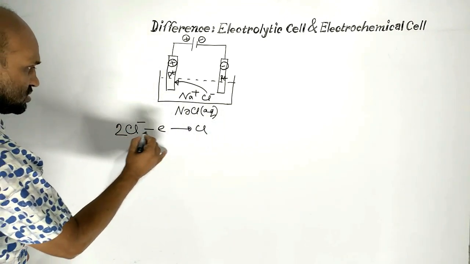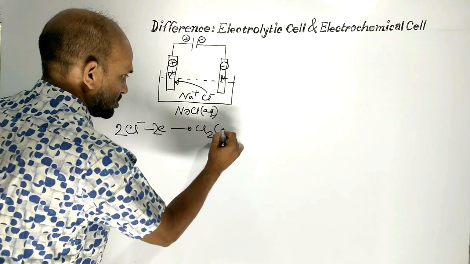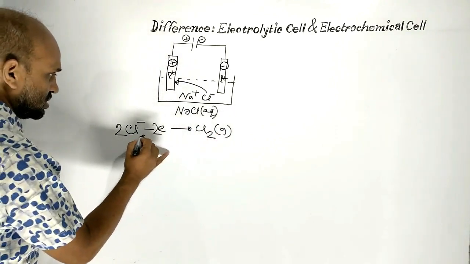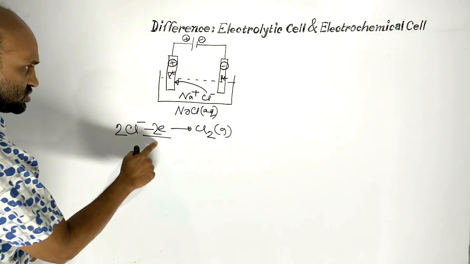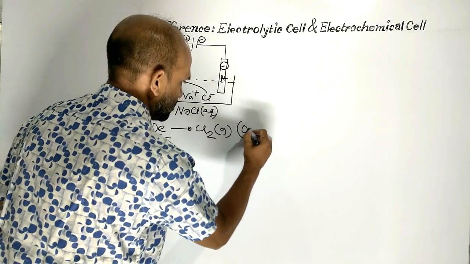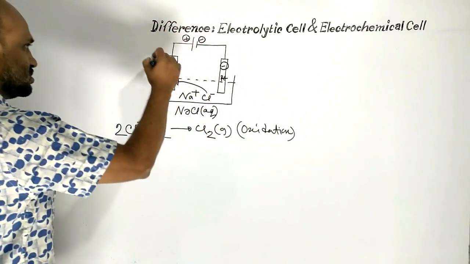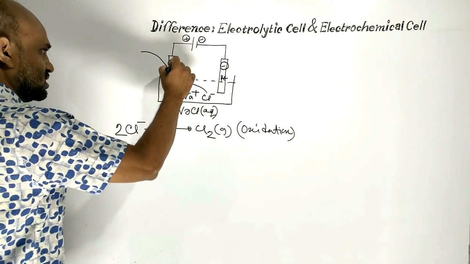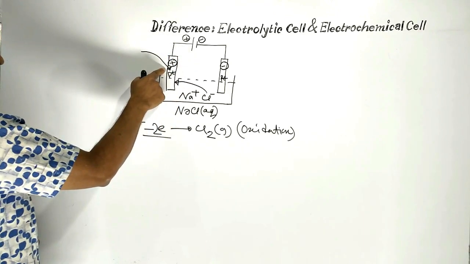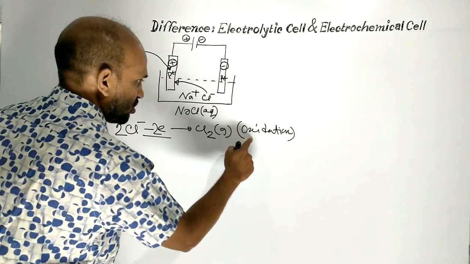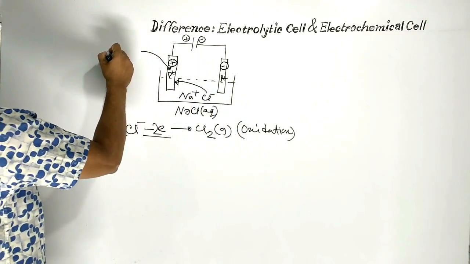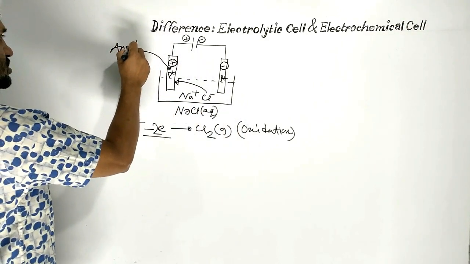Chlorine gas, removal of electrons, which is oxidation. So the positively charged bar in which oxidation occurs, that is called anode.